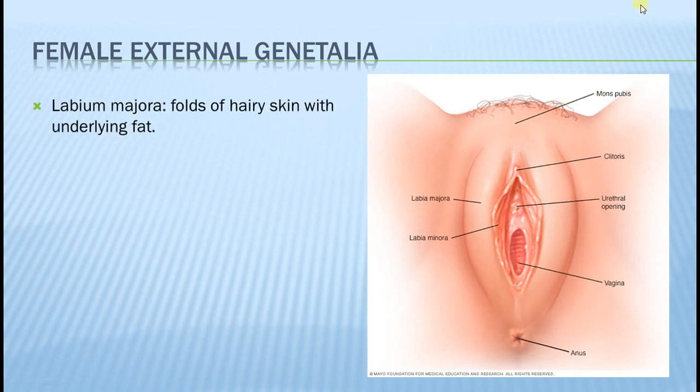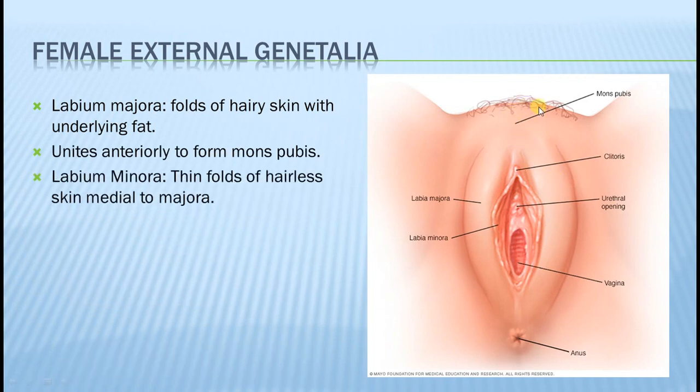Labia majora are folds of skin with underlying fat, derived from genital swellings. When these genital swellings fuse anteriorly in males, they form the scrotum. Here they are unfused and form the labia majora, labium meaning lips. Anteriorly they fuse to form the mons pubis.